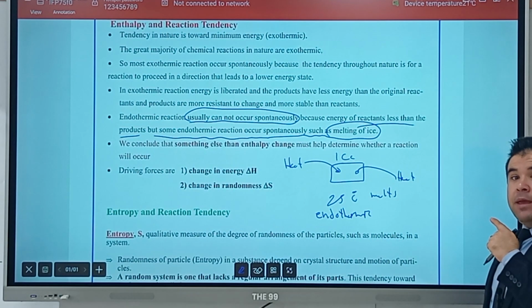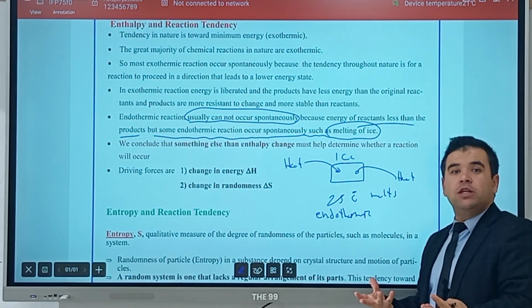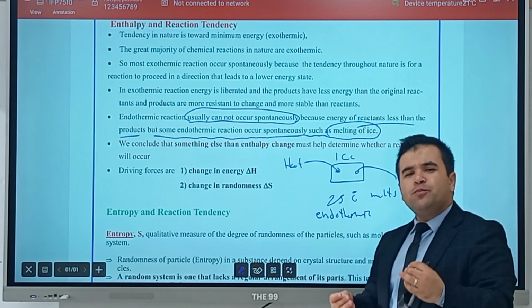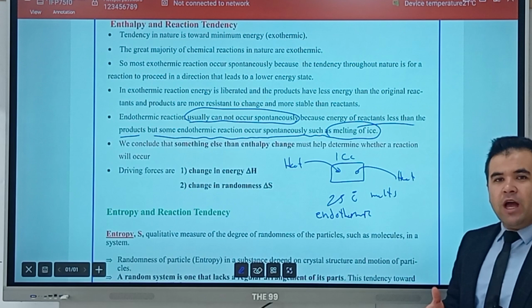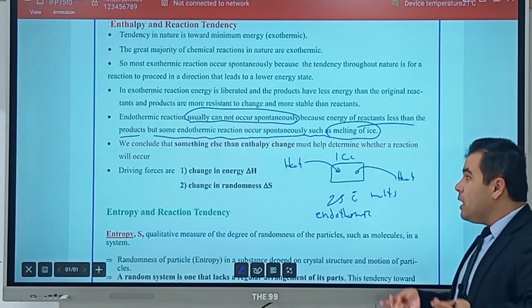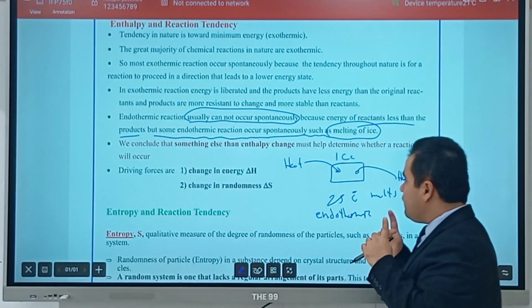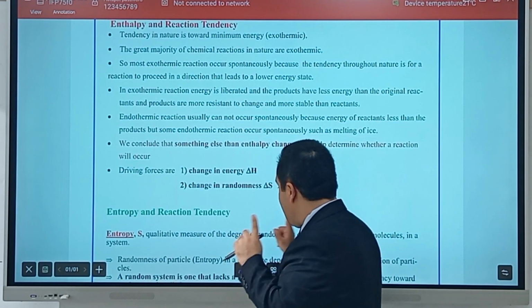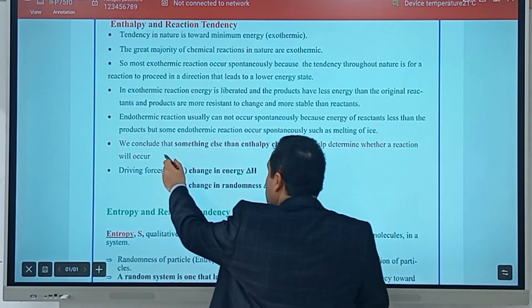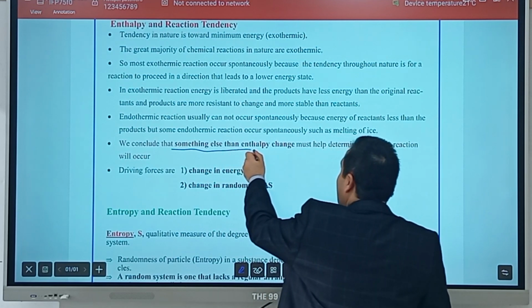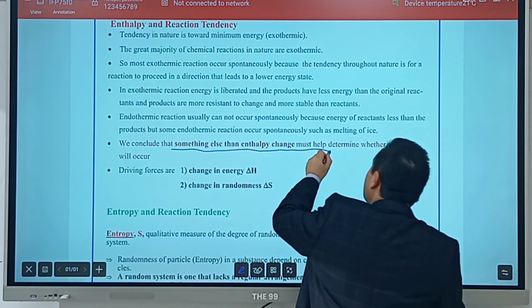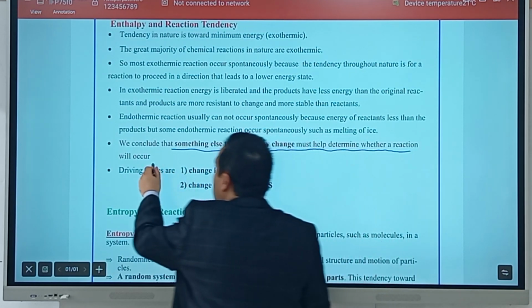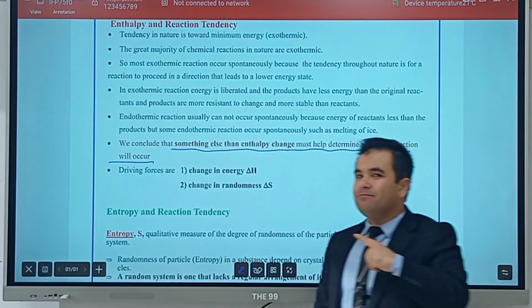It is endothermic and spontaneous. So this is an example which shows there is a possibility for endothermic reactions to be spontaneous. From this, we can conclude that enthalpy change alone does not determine whether a reaction will occur spontaneously or not.